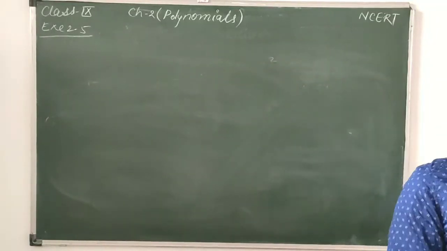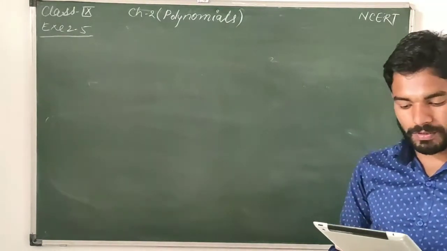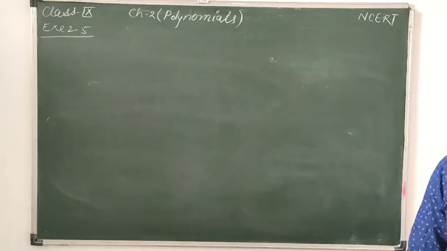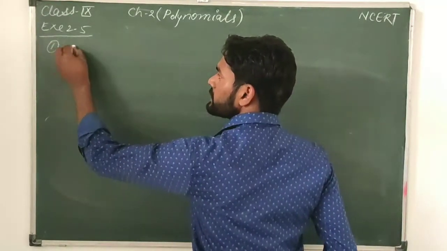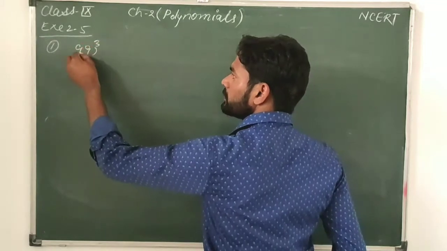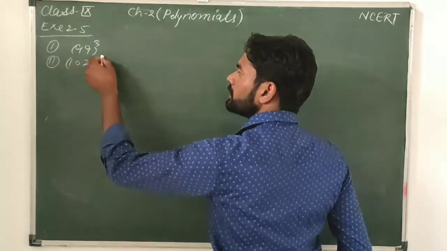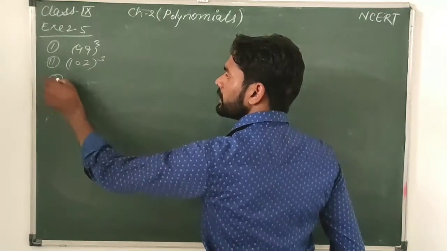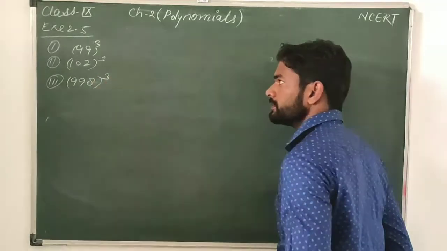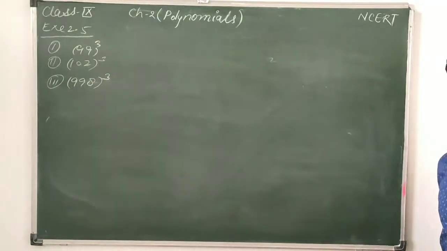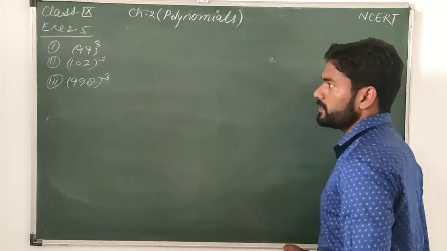Next question is, evaluate the following using the suitable identity. Total three parts are there. First is 99 cube, second is 102 cube, and third is 998 cube. I am going to tell you only one part of this question and the remaining two parts you will solve.